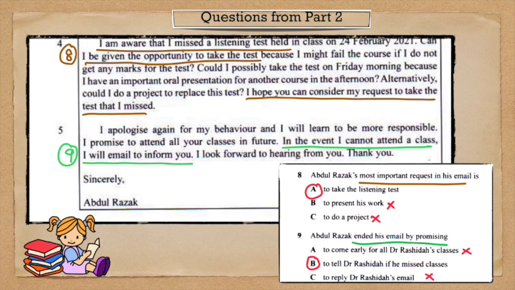The one that I underline: in the event I cannot attend a class, I will email to inform you. And then C, to reply to Dr. Rashida's email. It's not stated that he will reply. So A and C will be eliminated, and the answer is B.